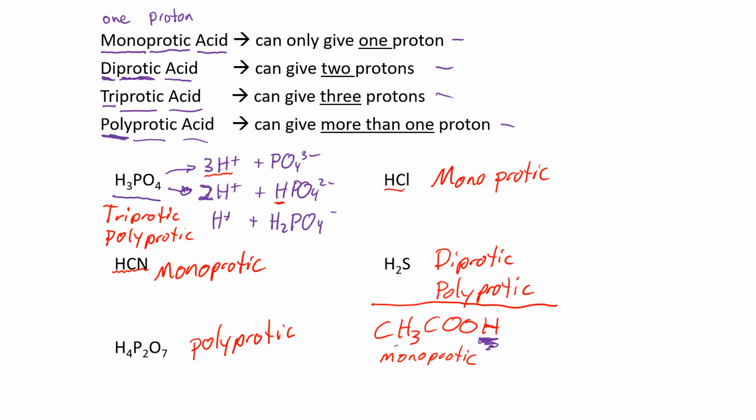These ones are not available for donating. So this is what we call a monoprotic acid still, because it can only become acetate, which is CH3COO minus, and that one H plus. Again, this is the only hydrogen that is available.